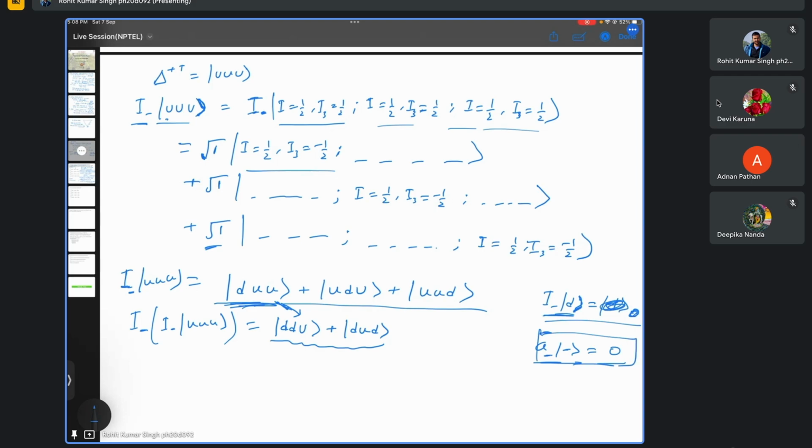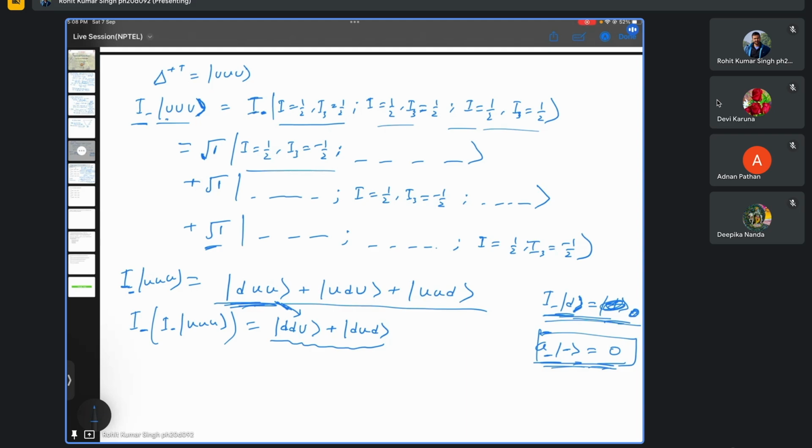I guess. I'm not sure. I have a PDF of the book though. Yeah, this is what happens. I remember it. So I think this is also true here. So the lowering operator on d should give you just 0. So that's why the duu will not be there.